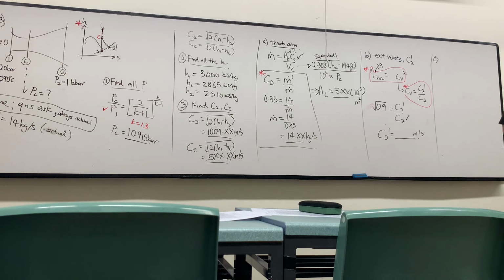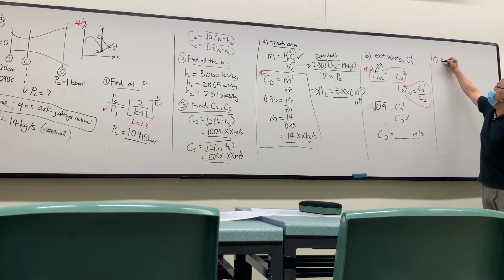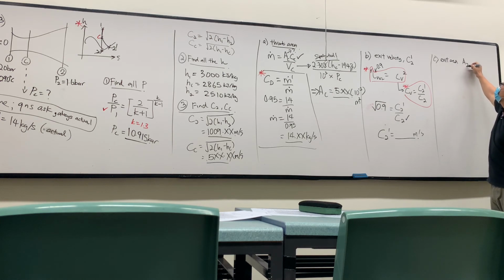Okay, so last part. Those of you who can understand, I will try to go relatively okay. Final part is asking you to find what? Exit area, which is obviously your A2.